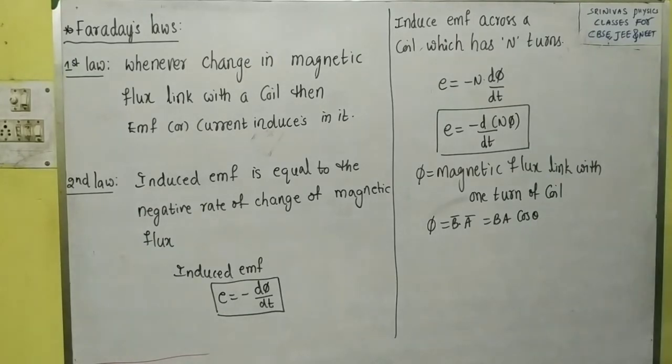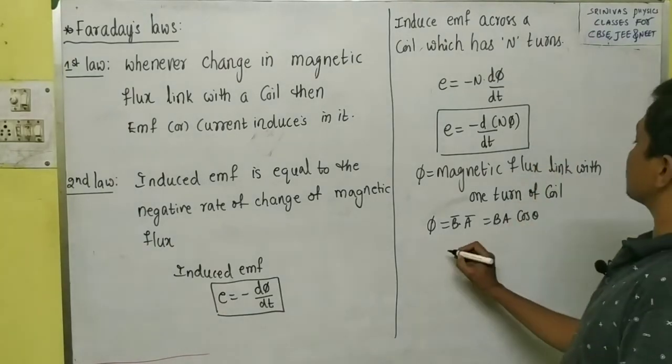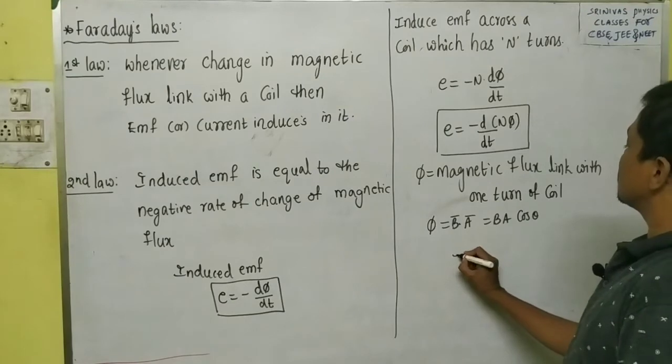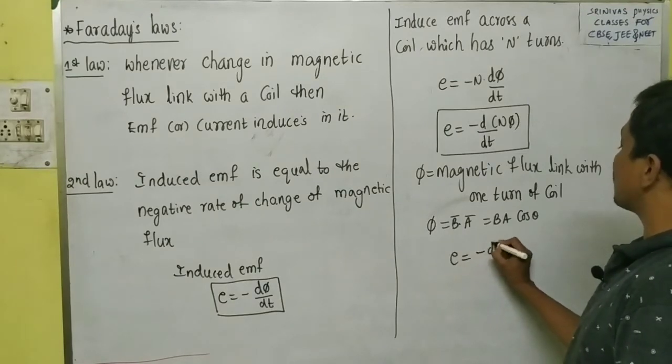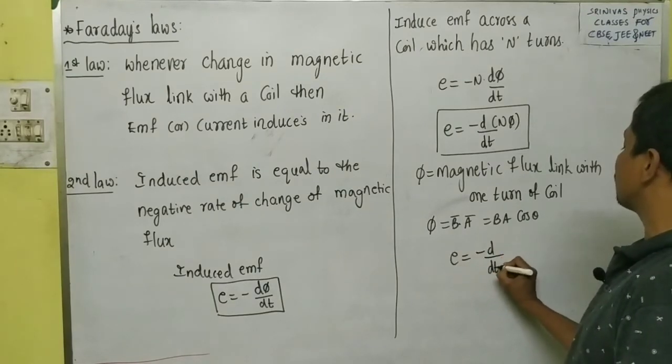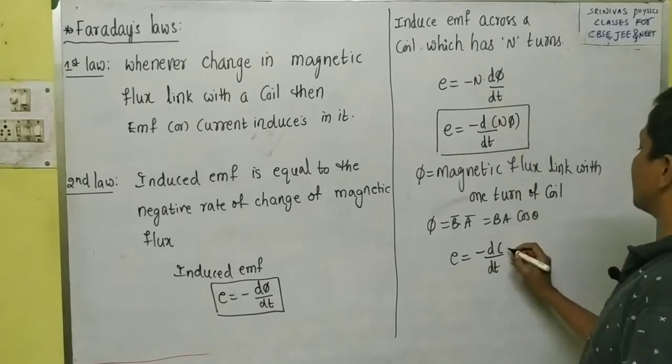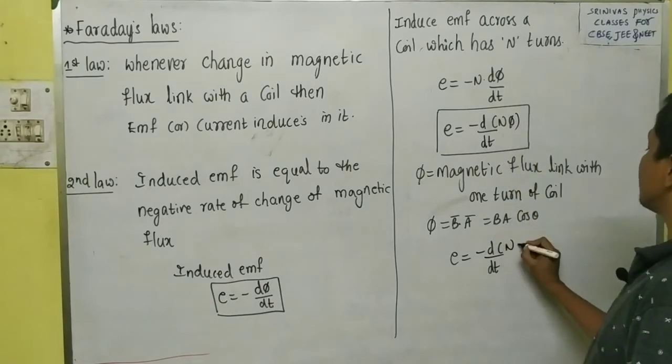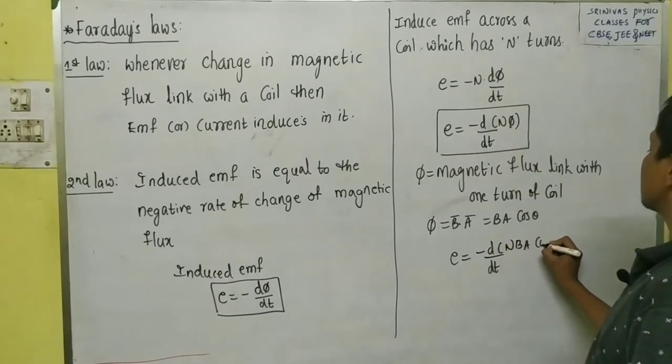We can also write the induced EMF as minus d by dt of N phi, where phi is BA cos theta.